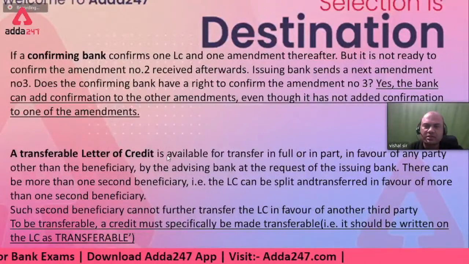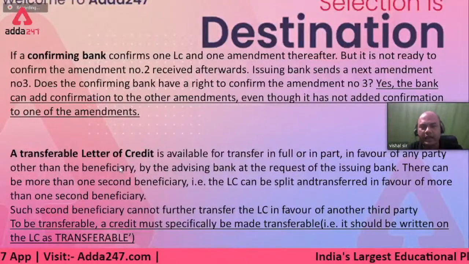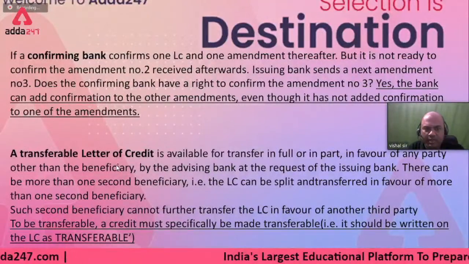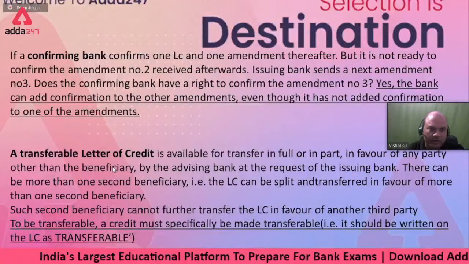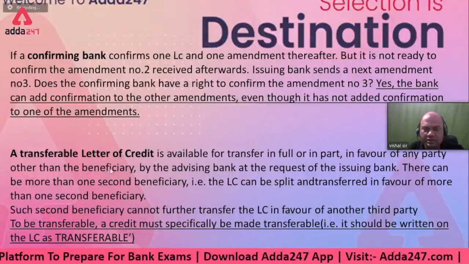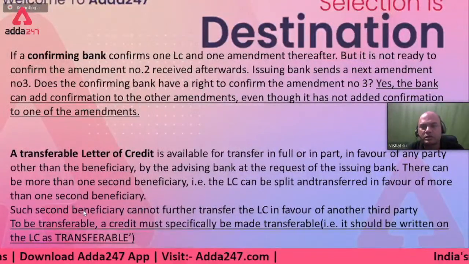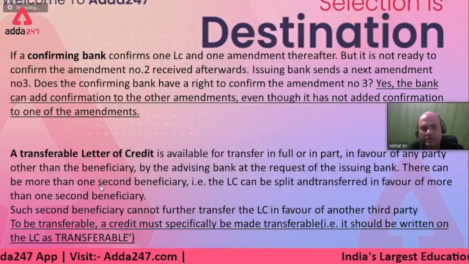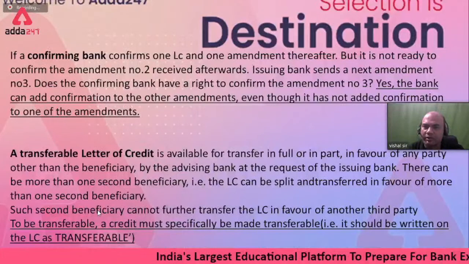But there is a sub condition to this. If the seller is not the actual manufacturer, if this seller is an agent, then what? If the seller is an agent, will he prepare the goods? No. What will he do? He'll get it prepared through someone else. Okay. So that person is a second beneficiary to this.